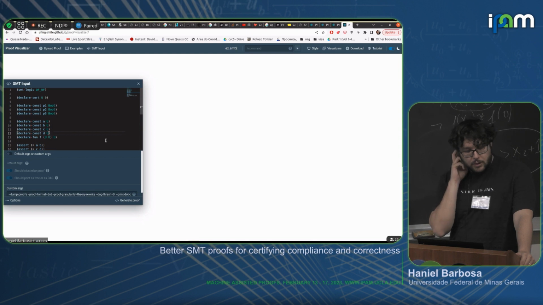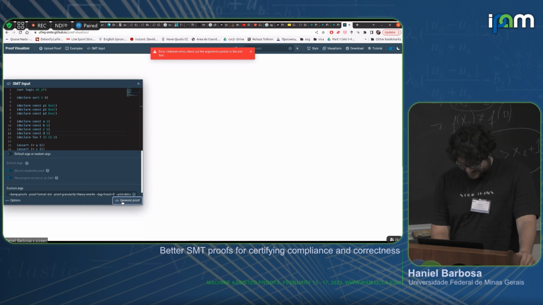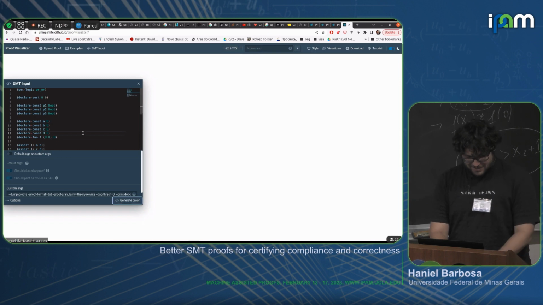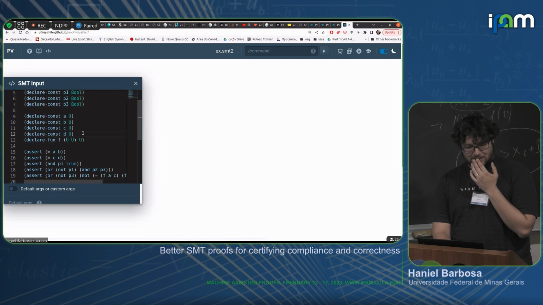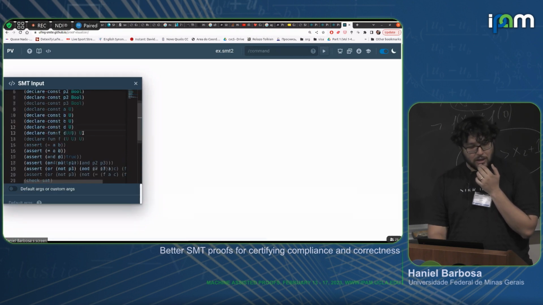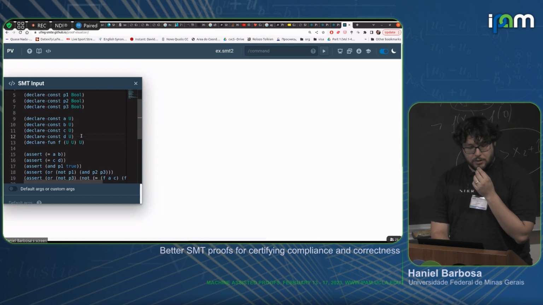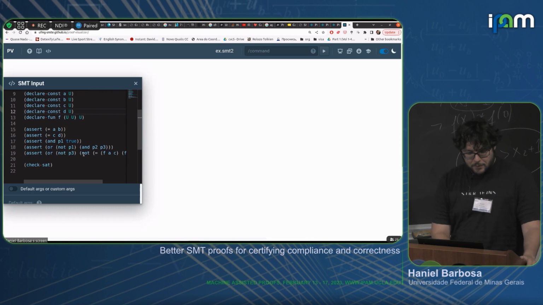This website is running a WebAssembly version of CVC5, and I can ask it to generate a proof. Can you zoom in a little bit? Is that possible? So I have to declare the symbols that I'm using, and then I assert the things that have to be true simultaneously.